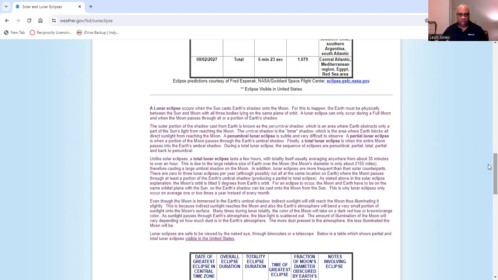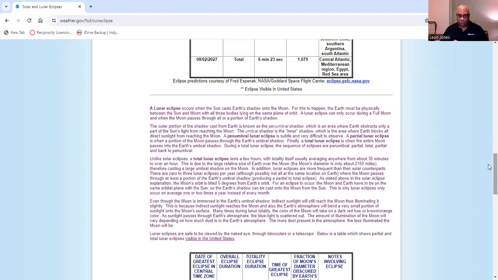There are 0 to 3 lunar eclipses per year, although not all are visible at the same location on Earth, where the moon passes through at least a portion of the Earth's umbral shadow, producing a partial to total eclipse.